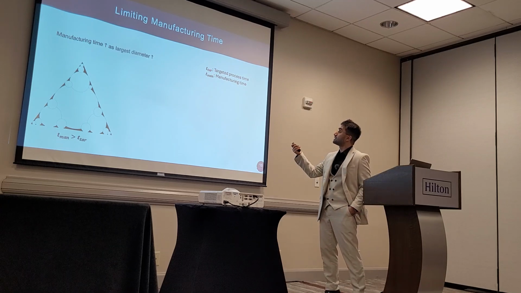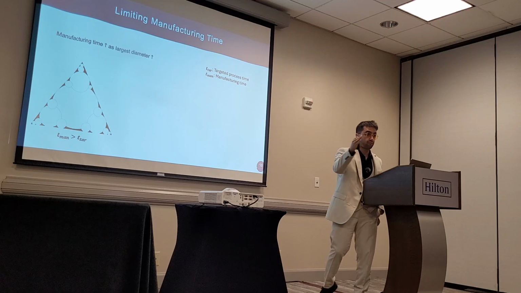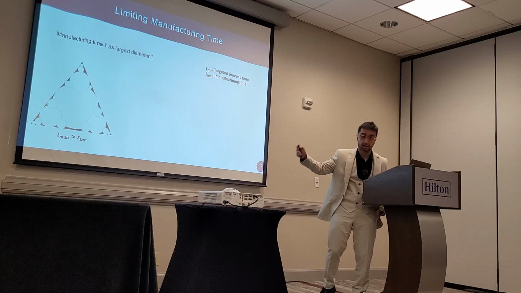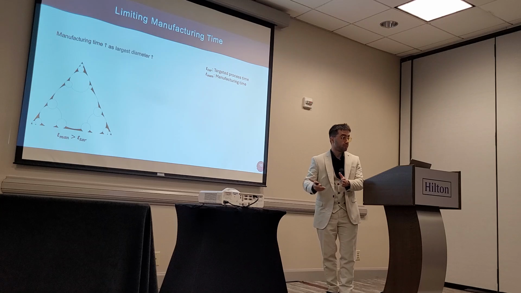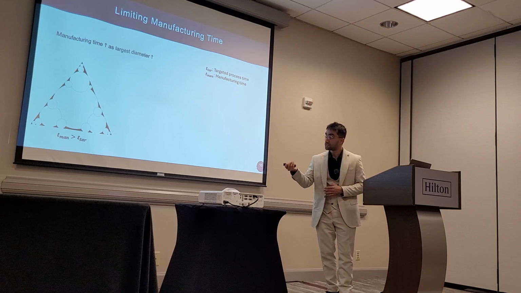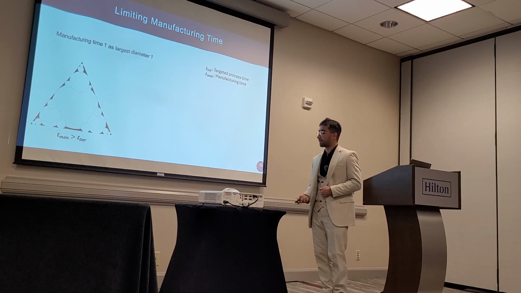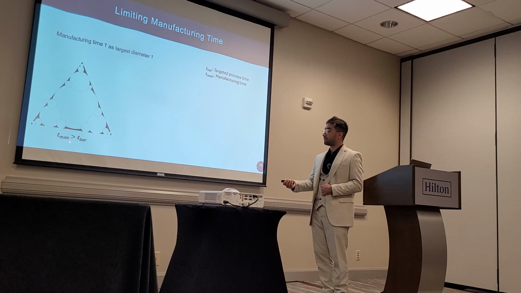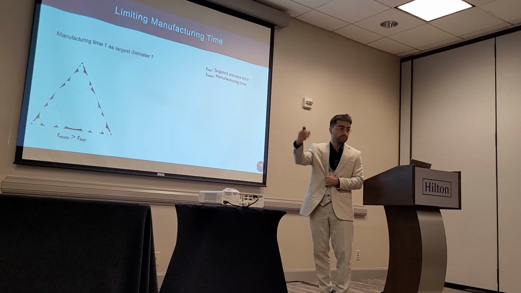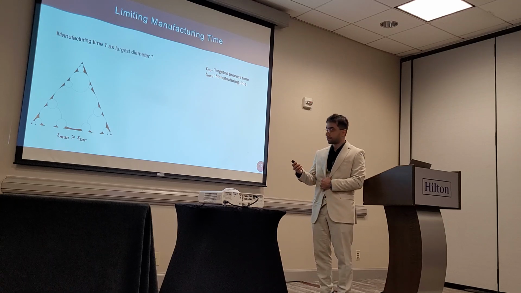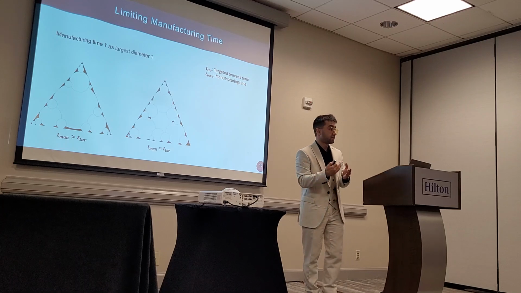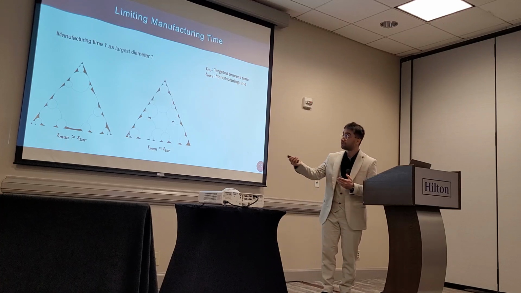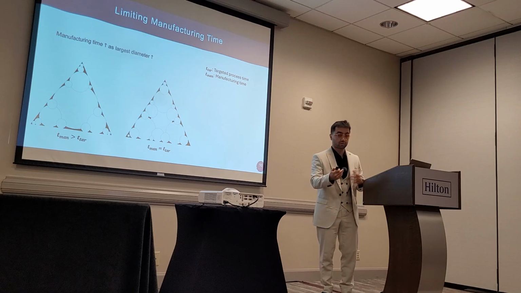So let's define the targeted process time that we would like to have. You want to create an object in this time, and T manufacturing time is the current manufacturing time if you are doing this circle packing. And in this case we probably will be beyond the targeted time, because the main point of growth printing is reducing the manufacturing time, and we can further reduce it by creating a nice circle packing.